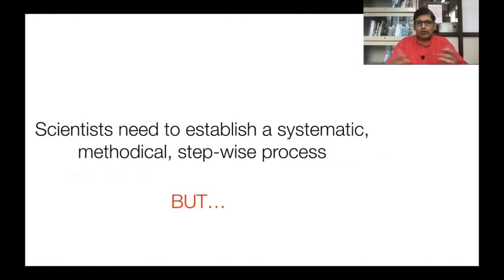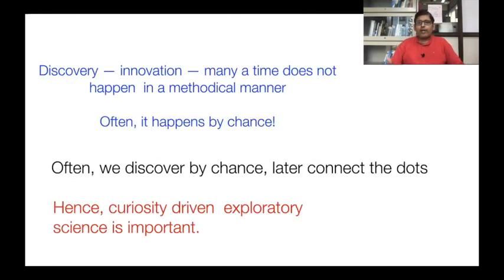It is true that scientists need to establish a systematic, methodical, stepwise process, but when we talk about discovery or innovation, many a times it may not happen in a methodical manner. It may not happen in a linear fashion. Often what happens is you discover something by chance. You may be doing some experiments, hoping for some hypothesis, and you would find something completely different.